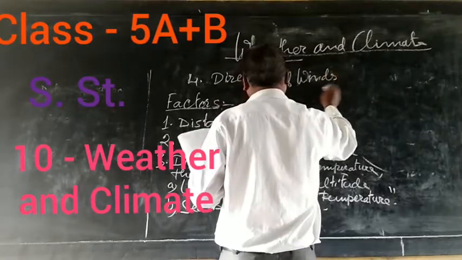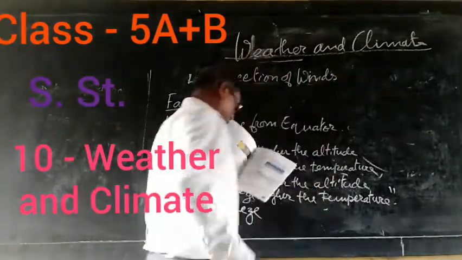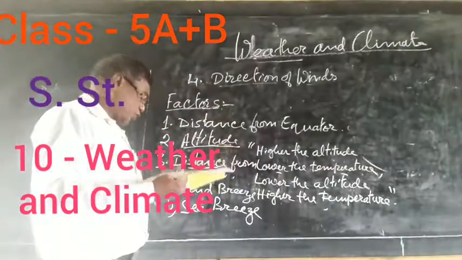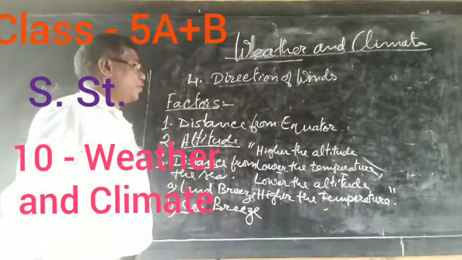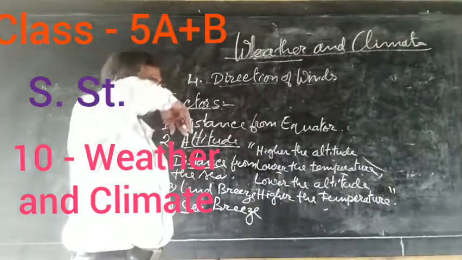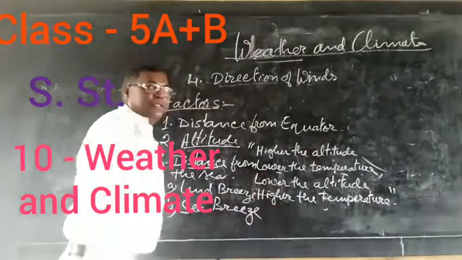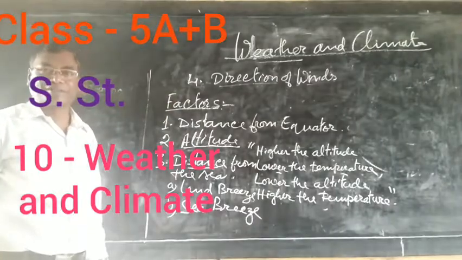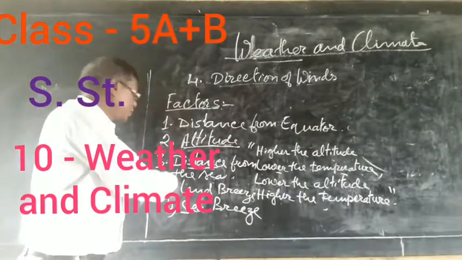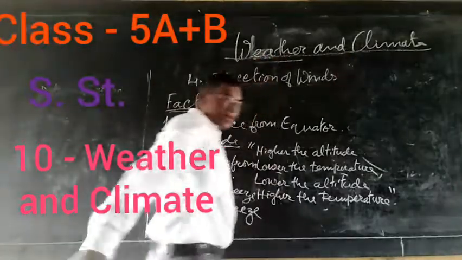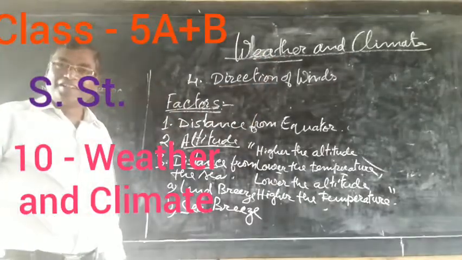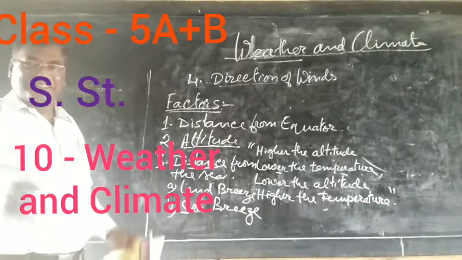Here we also have the two monsoons, with directions from the sea and from the land. All these are the things that we have discussed: from which direction the wind blows and all that. This affects the weather and the climate. Okay. Thank you very much.